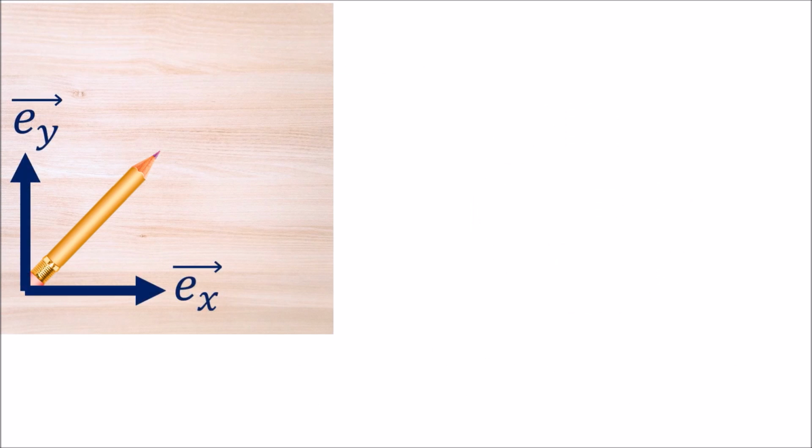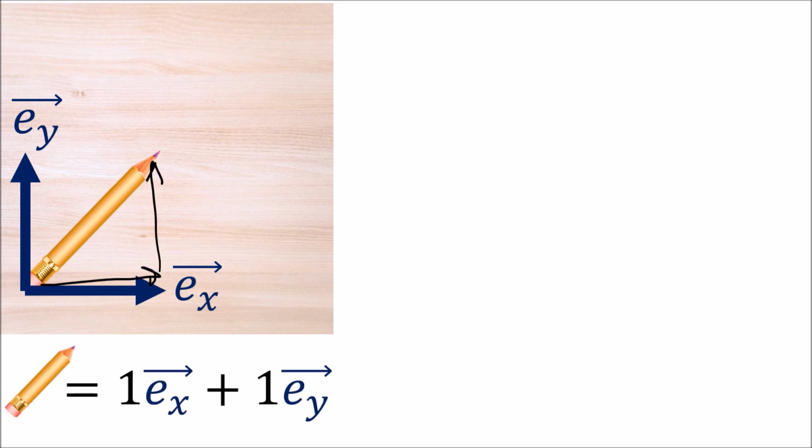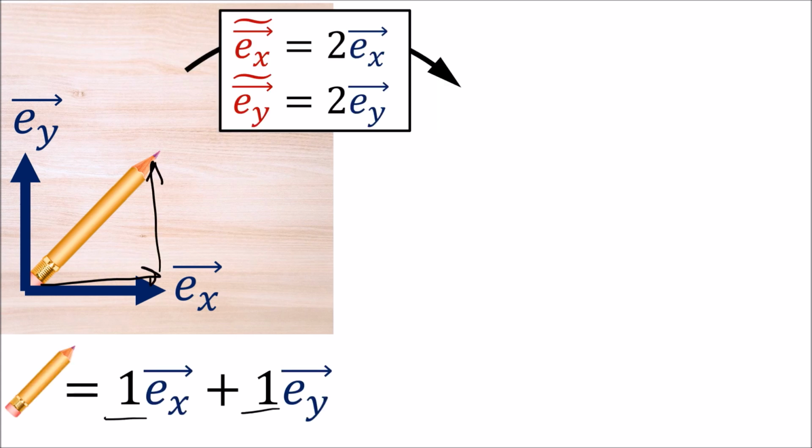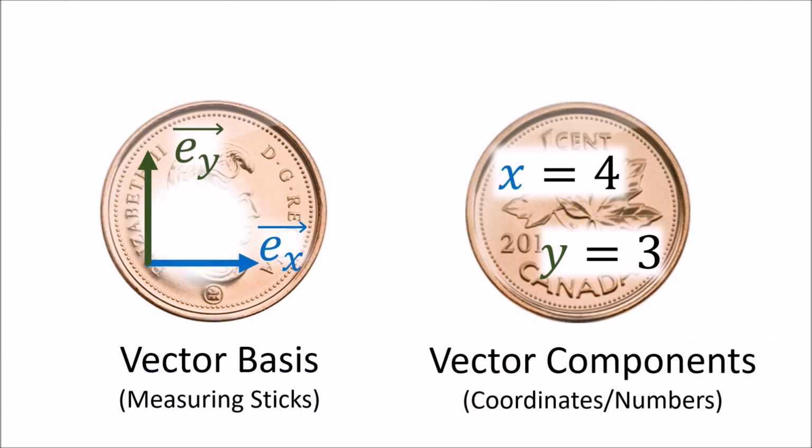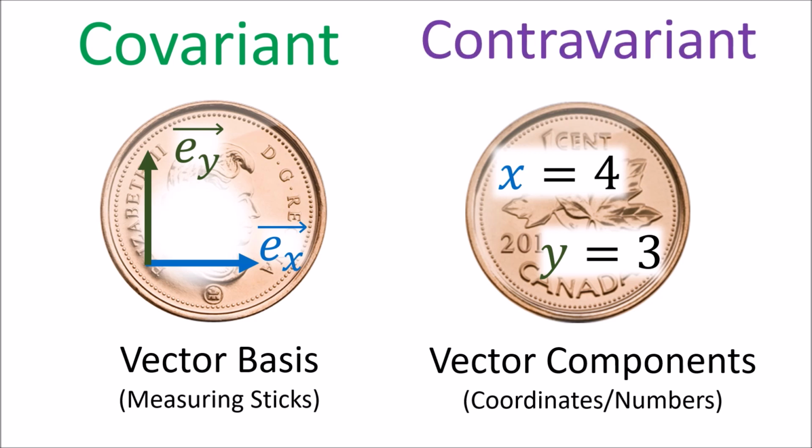In Relativity 102, I showed that if we took basis vectors Ex and Ey and measured this pencil to have components 1, 1, if the basis vectors became twice as big, then the vector components would become twice as small, 1/2, 1/2. This is because basis vectors are covariant and vector components are contravariant, which means that they change in the opposite way that basis vectors do.